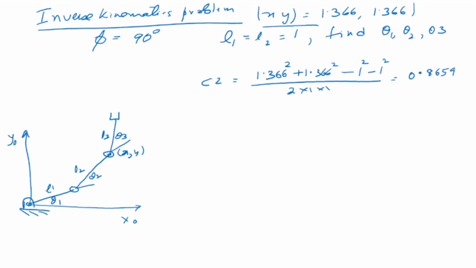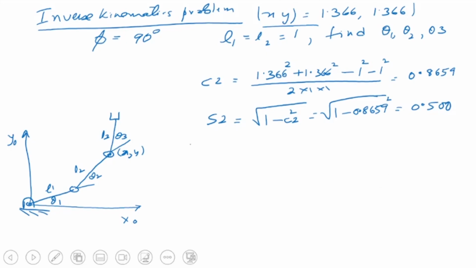If you compute this, what we get is 0.8659. Now from here we have to compute sine 2. Sine 2 is equal to root over 1 minus cos 2 squared, which is root over 1 minus 0.8659 squared. So what we get is 0.500. Now we find tan.